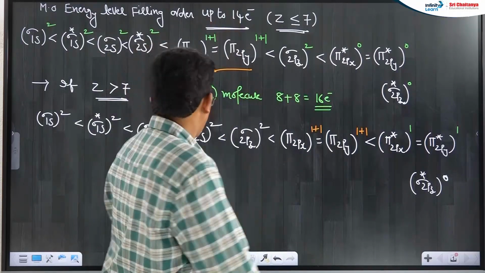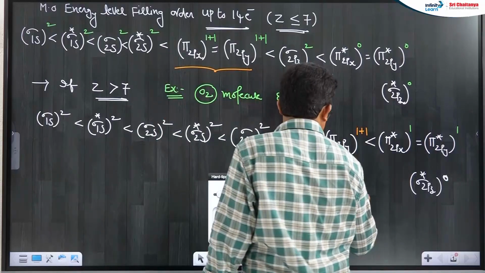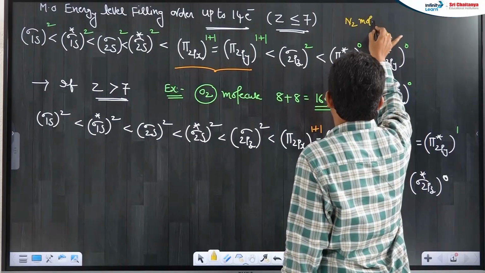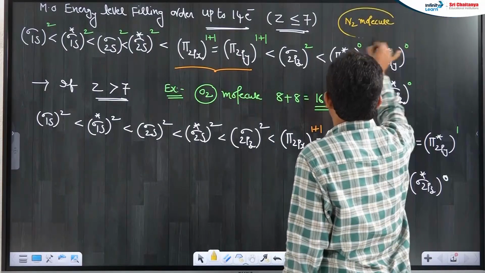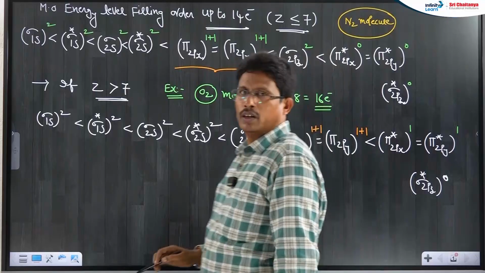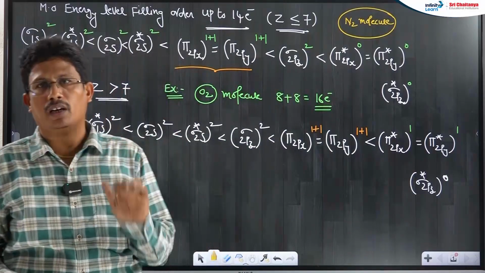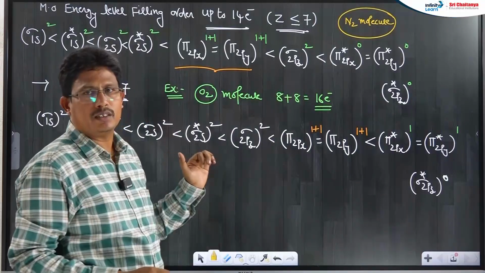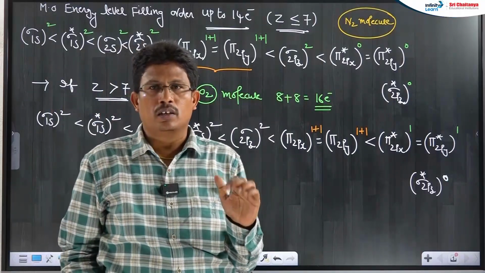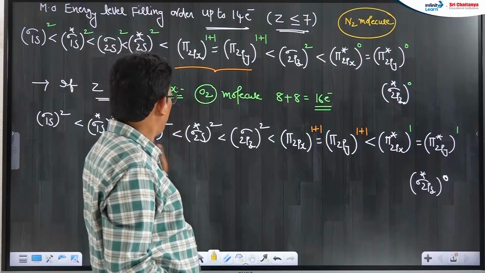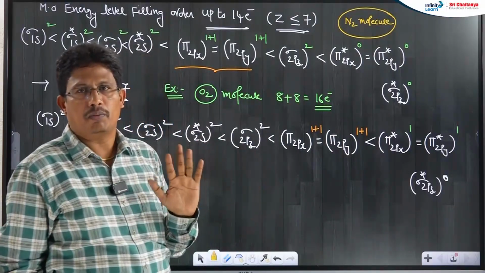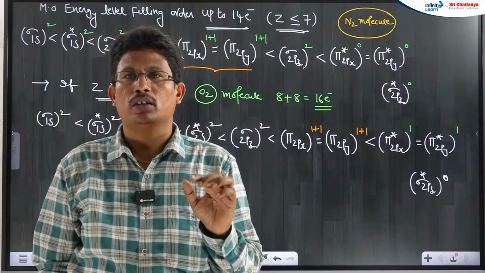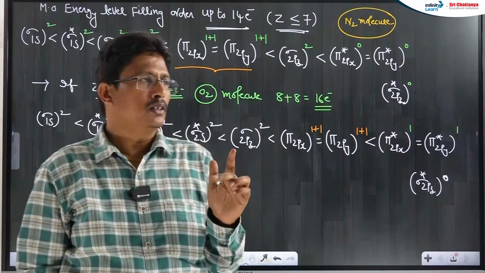The above one is the configuration of N2. 14 electrons means the N2 molecule. Up to 14, the same order is followed. Above 14, that is from 15 onwards, we will follow this order. What is the major difference in the above two orders? Up to 8 electrons, no variation in energies of molecular orbitals. From the 9th electron onwards, there is a slight variation.